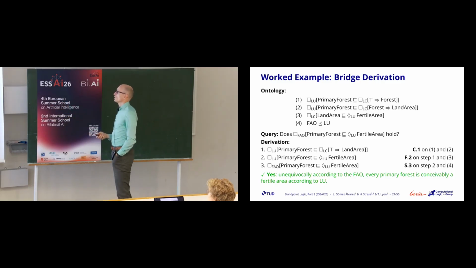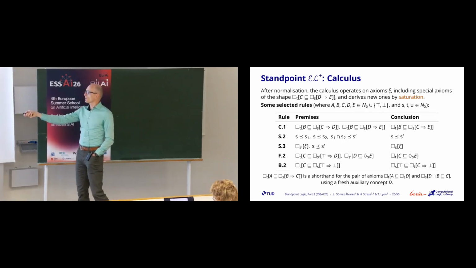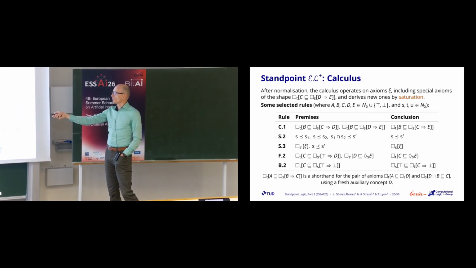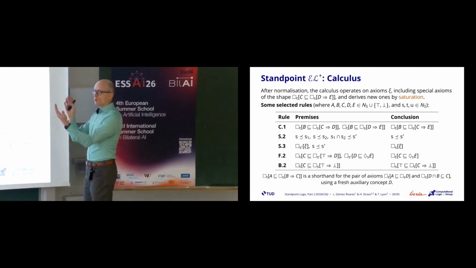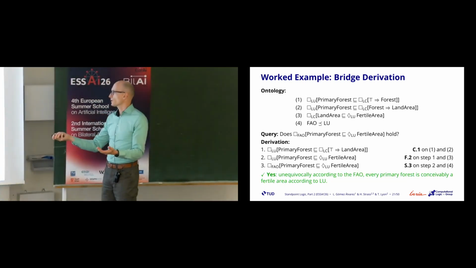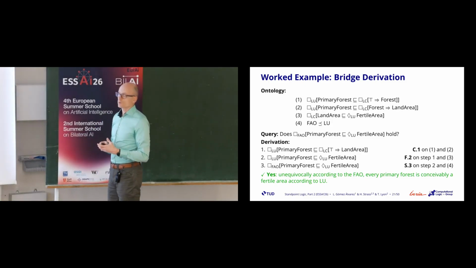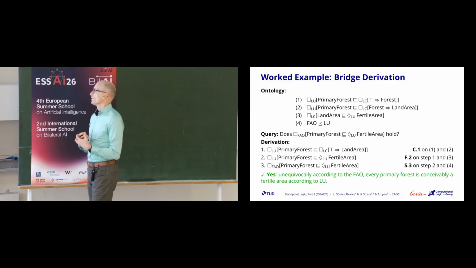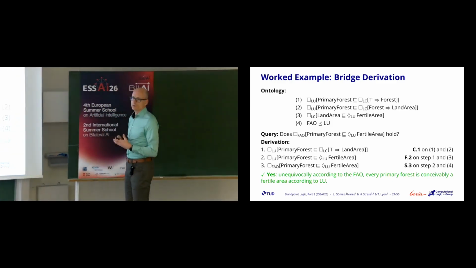And then finally, we use this sharpening axiom saying if one standpoint is sharper than the other, then everything that unequivocally holds in the more general standpoint also holds in the more special standpoint. And so we can conclude this also for the Food and Agricultural Organization. So that's the idea, and we get a yes as an answer to our query.